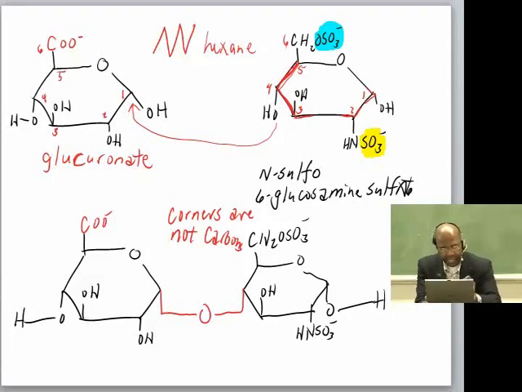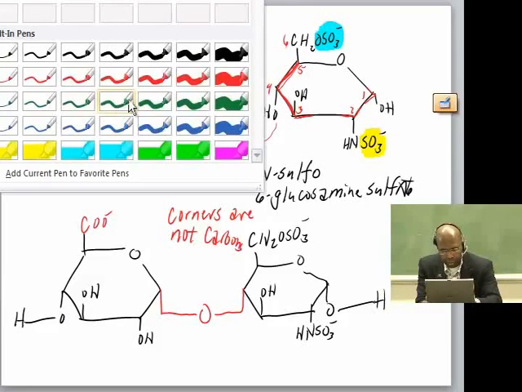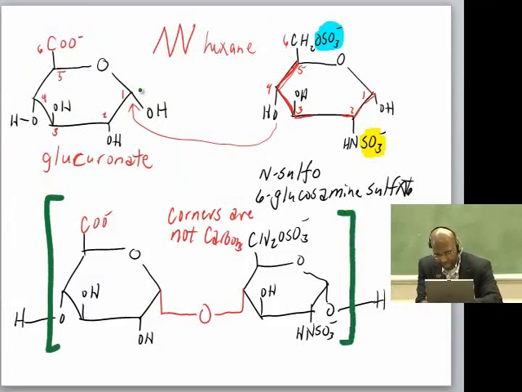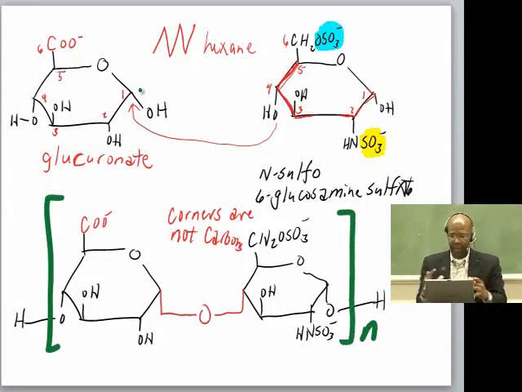Now, this compound is a repeating disaccharide. So this is going to repeat. I'm going to put brackets here, and I'm going to put an N here. And this repeating disaccharide unit is a polymer.